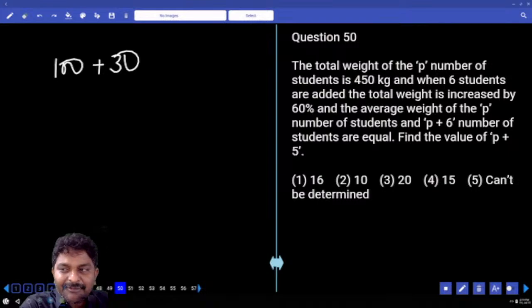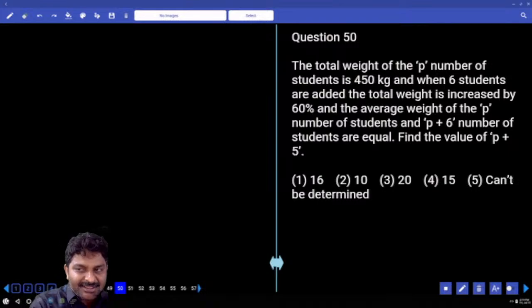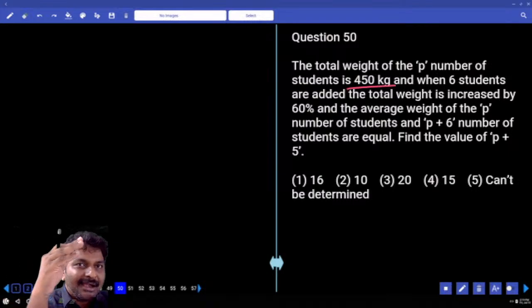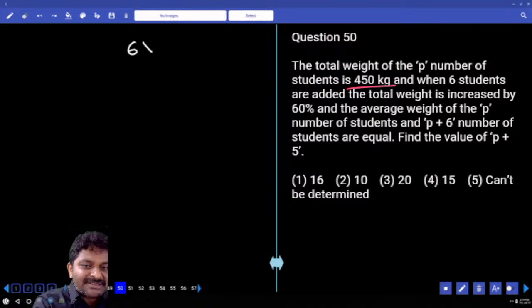Right, the total weight of P number of students is 450 kgs, and when 6 students are added to total weight is increased by 60%. Total weight increased by 60%. What was total weight? And it got increased by 60%, right? 6 into 10% value, which is 45.